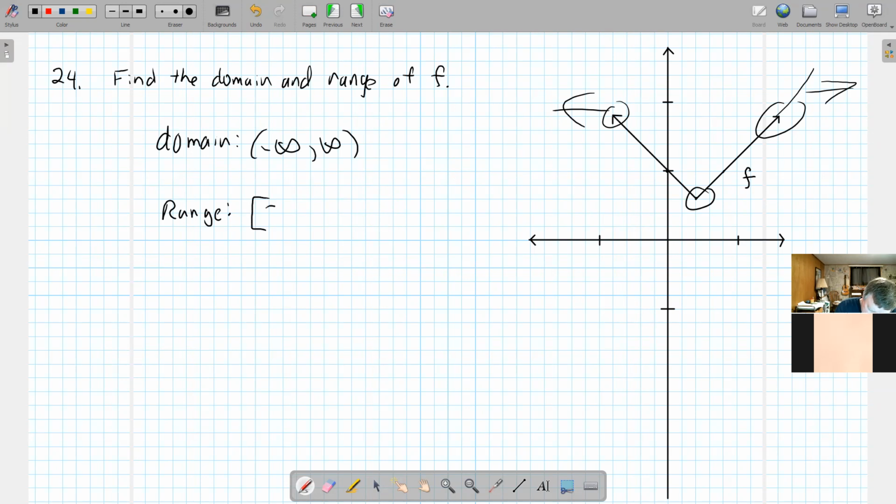So we're going to start at 3 and then go on up to positive infinity. But there are no y values less than 3. Recall that the bracket means you include that point. Parentheses means that you exclude that point. All right, well, I'll just continue on unless you interrupt me with a question.